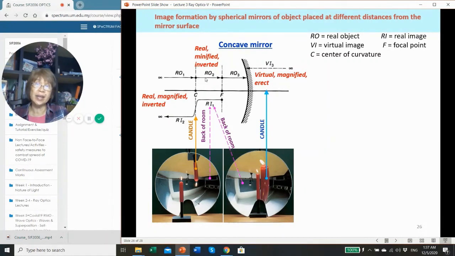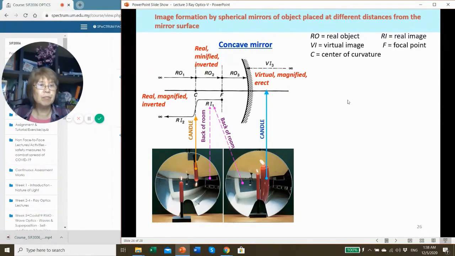As you then bring the object nearer up to the focal point, still a real object, the image grows in size and is formed further and further until it goes to infinity when the object is at the focal point. Then you bring it even nearer. In this case, the image flips over, becomes an upright image, and it will be virtual, formed behind the mirror. These are for the concave mirror.